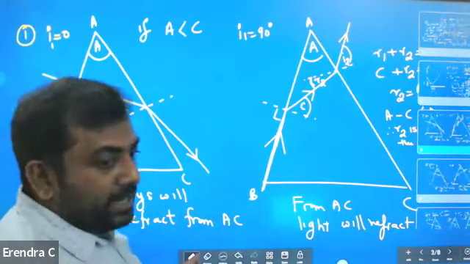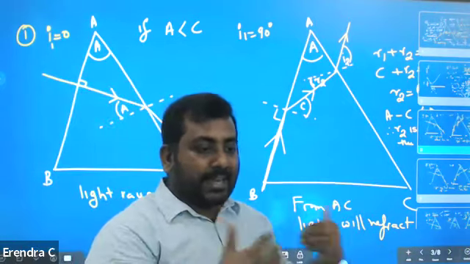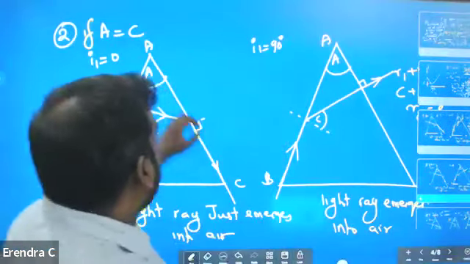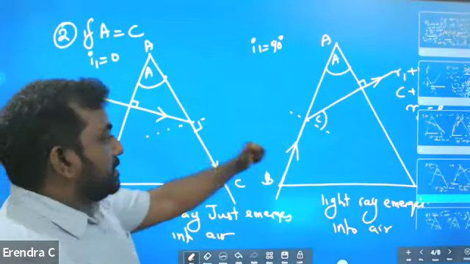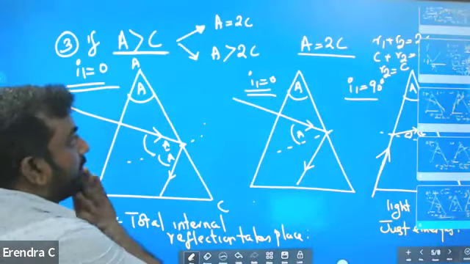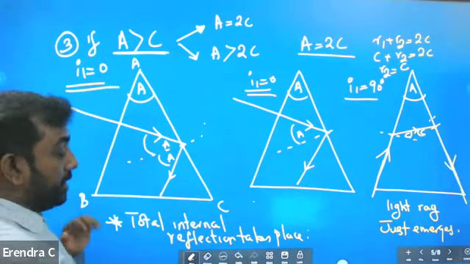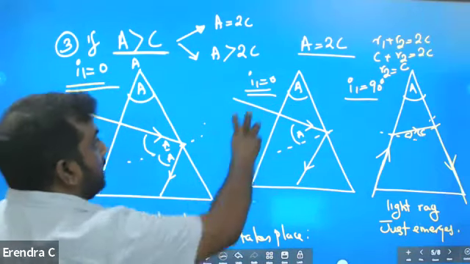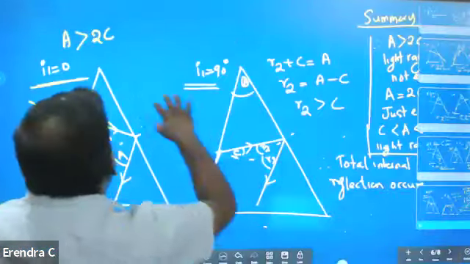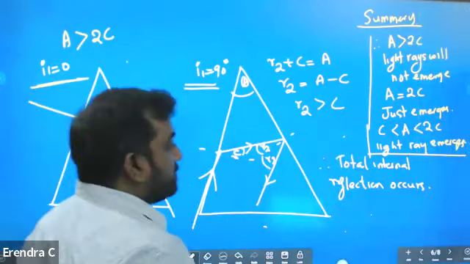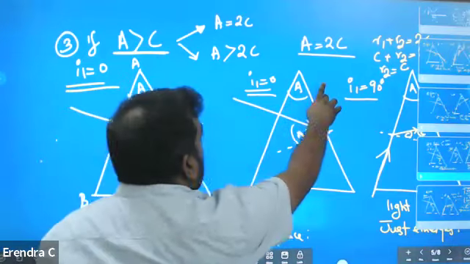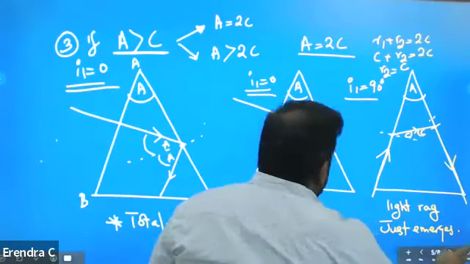Different conditions can take place. A is less than C, light rays are guaranteed to move out of the prism. When A is equal to C, light rays emerge, no issue. A greater than C, I1 equals 0, light rays will not emerge. For I equal 90, A equal to 2C just emerges.